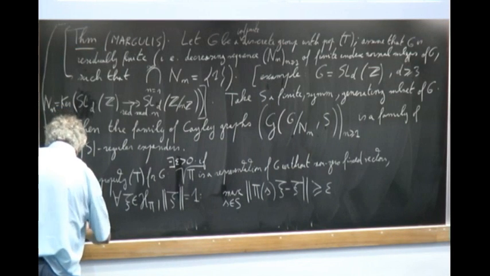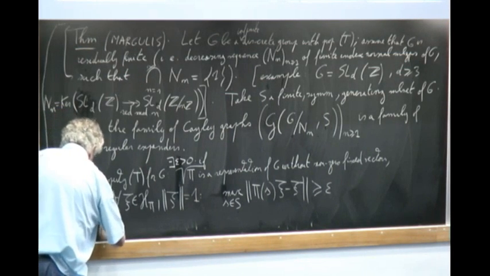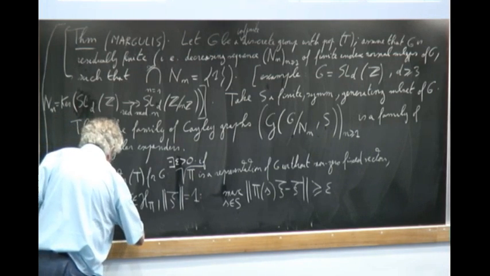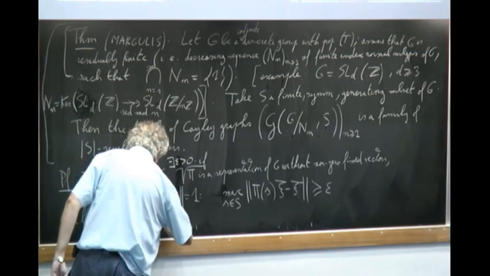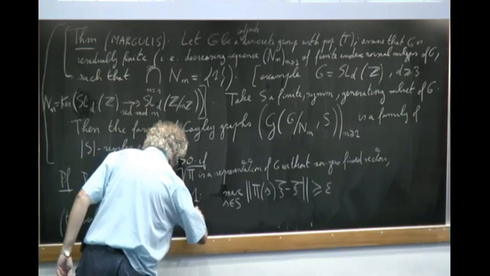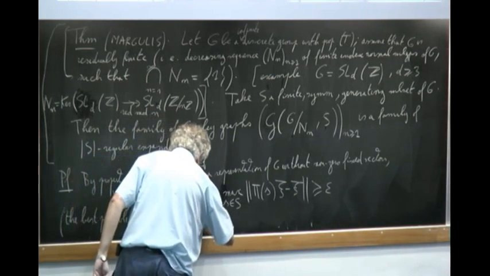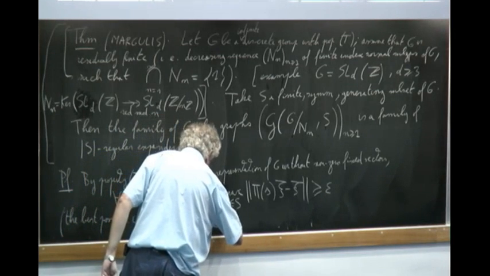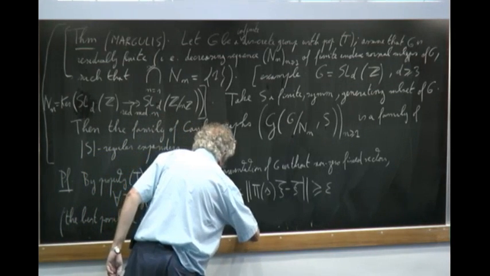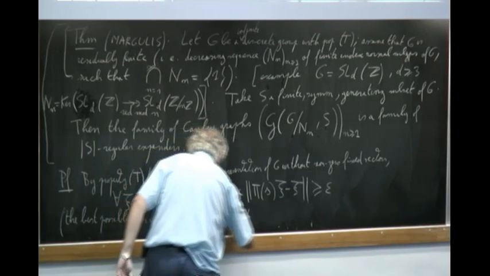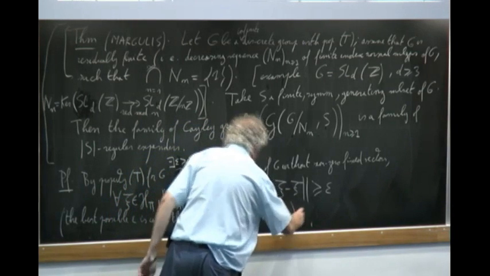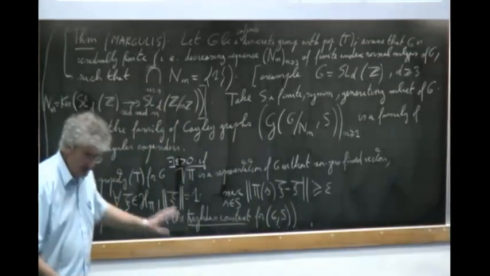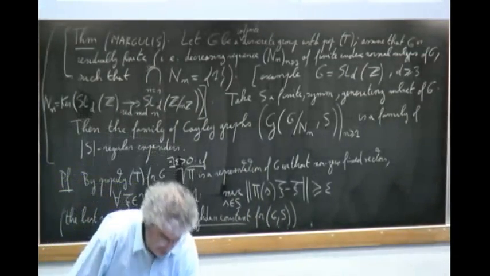And in passing, the best possible epsilon is called the Kazhdan constant for the pair (G, S). But this is not important for the proof.